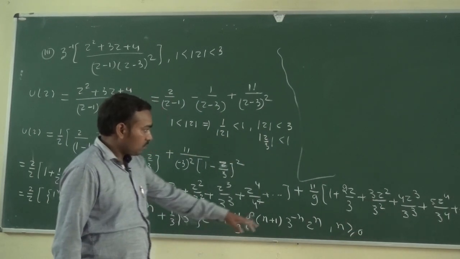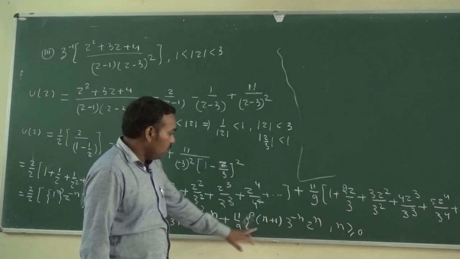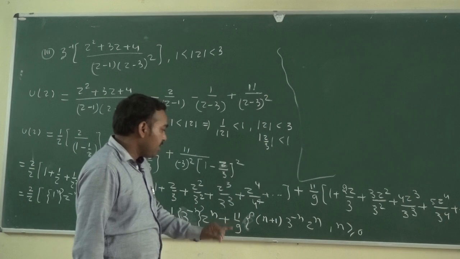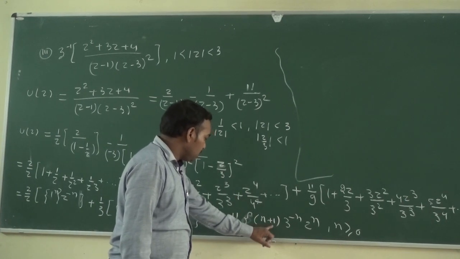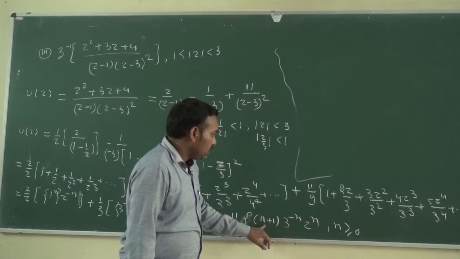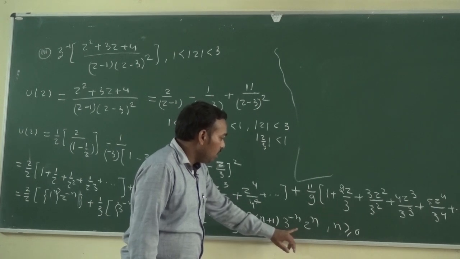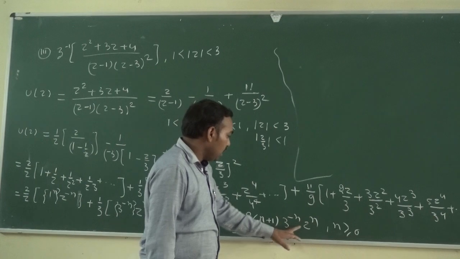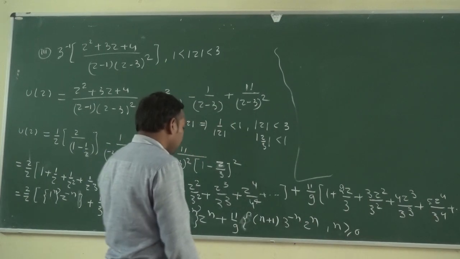See here, for n equal to 0, this is 1; n equal to 1, this is 2, z upon 3; for n equal to 2, this is 3, and z square upon 3 square.